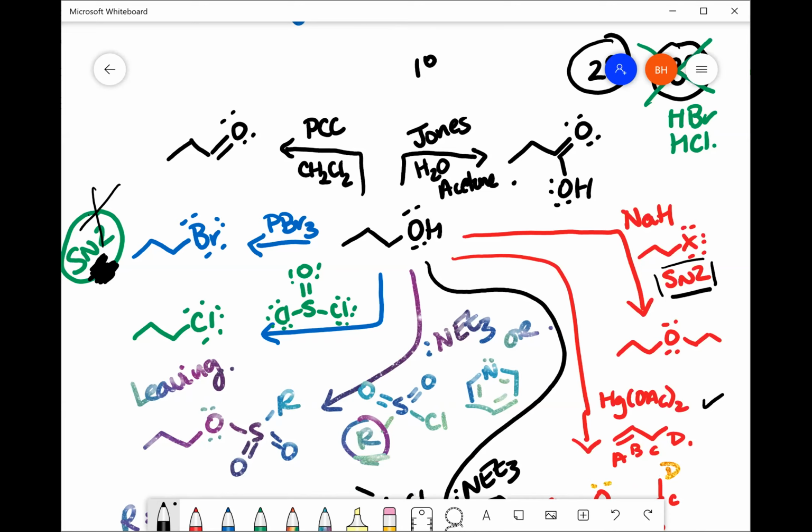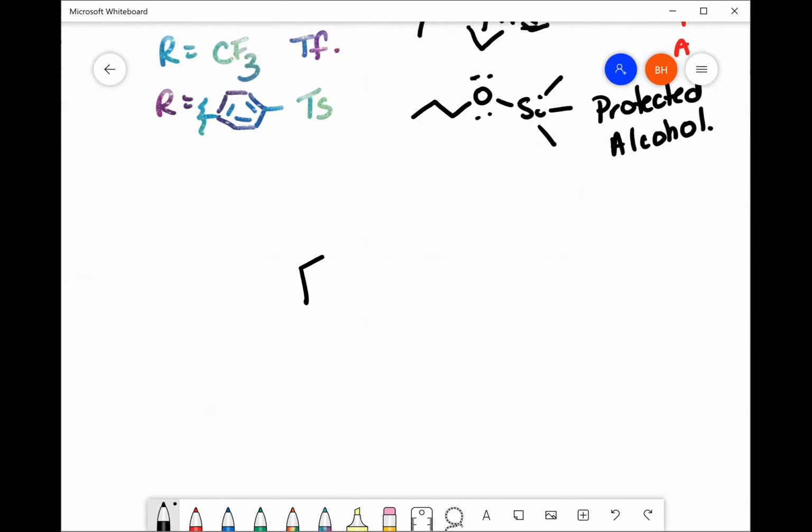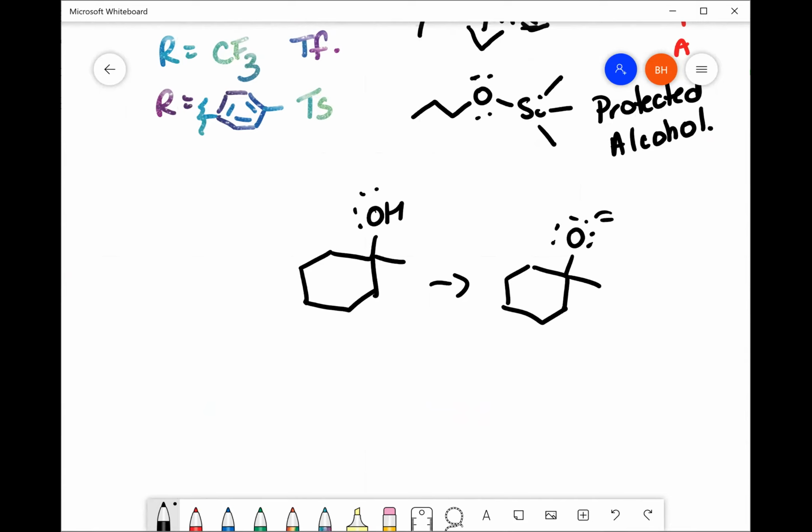Can't even work on a primary anymore because if you make a tertiary alkoxide, you deprotonate it, this is even worse than the tert-butoxide, right?